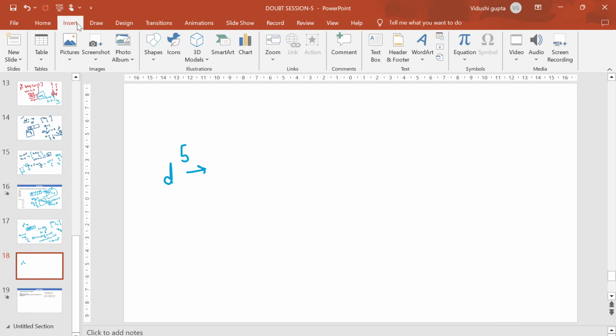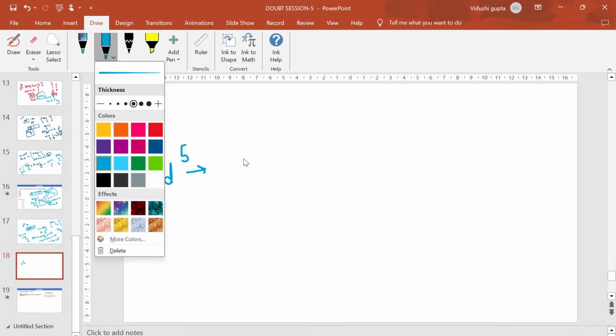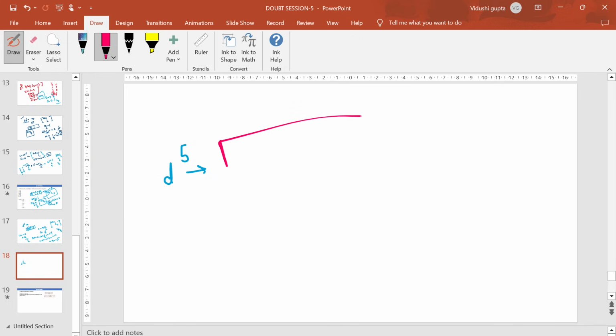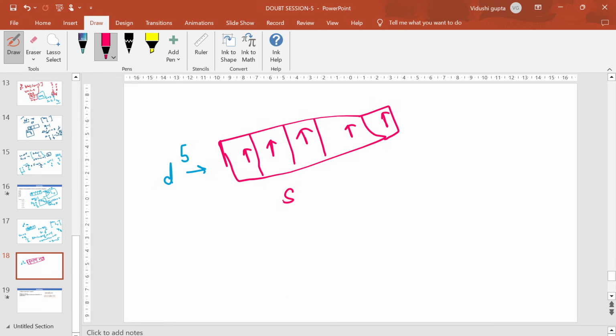So similarly for D5, S will be 5 unpaired electrons, so 5 into half, that means 5 by 2.